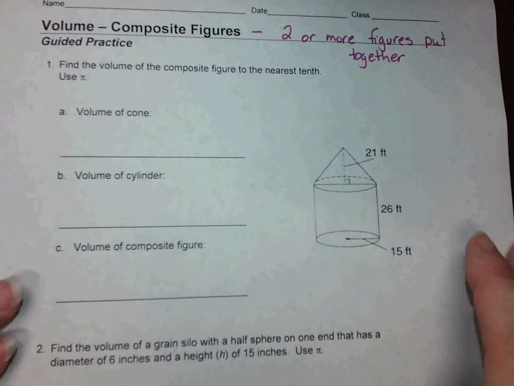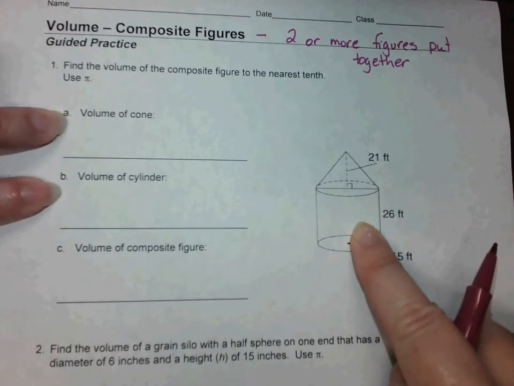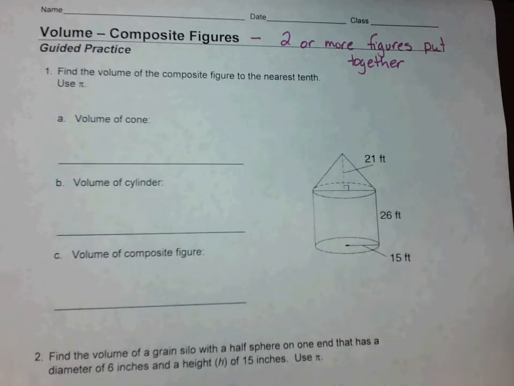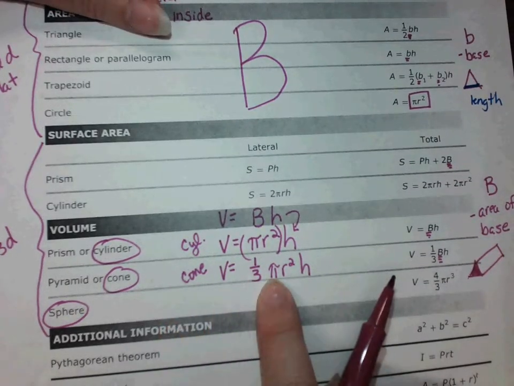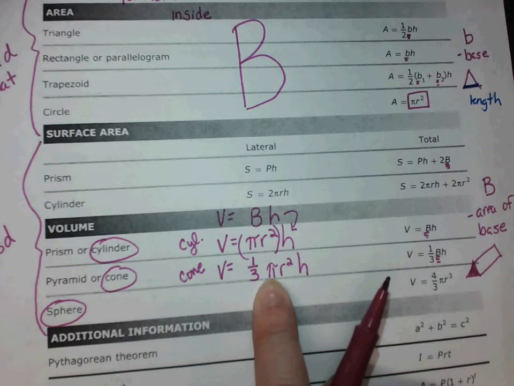So the first thing that I do is I look at the picture and I determine what figures I'm dealing with. They've already determined that for you, a cone and a cylinder. So then I write my formulas for everything that I'm going to need to combine. So I've got a cone and a cylinder, so I get my formula chart out. Cone, I have this written in my notes, 1/3 pi r squared h.